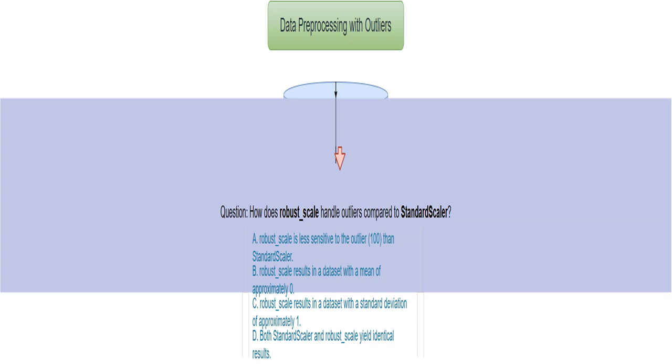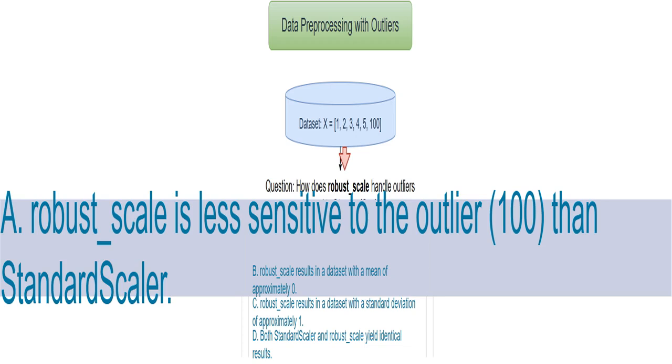These are less sensitive to outliers. Option A states that RobustScaler is less affected by the outlier, 100, than StandardScaler. This is because RobustScaler uses the median and IQR, which are less susceptible to the influence of extreme values.